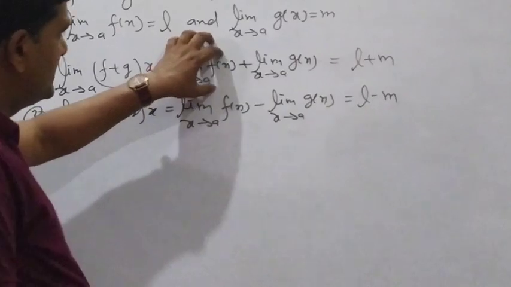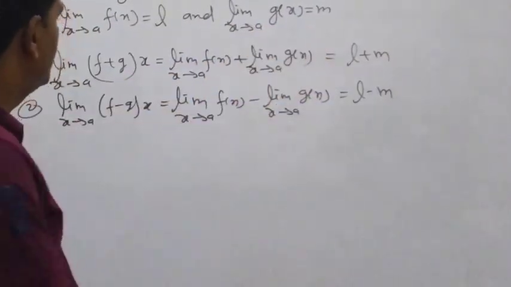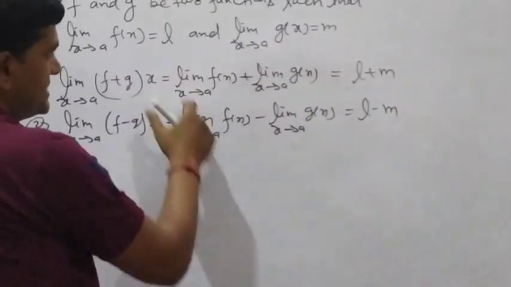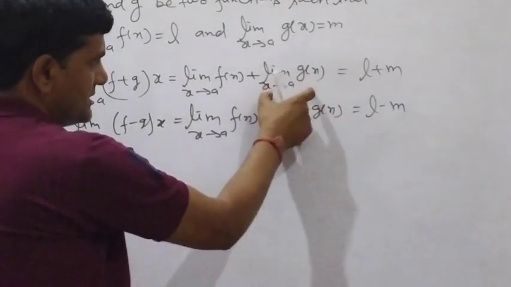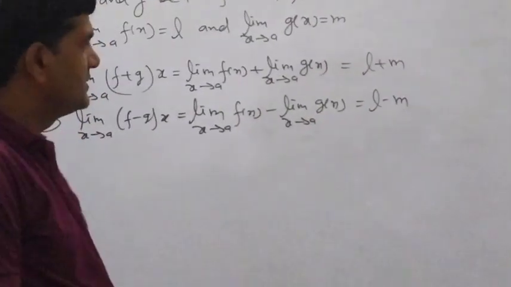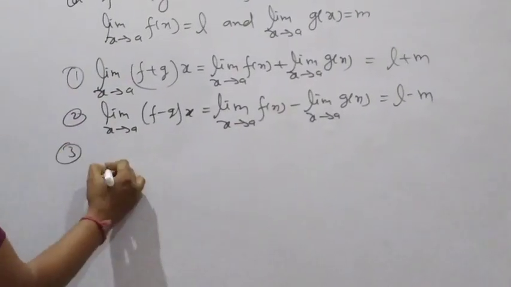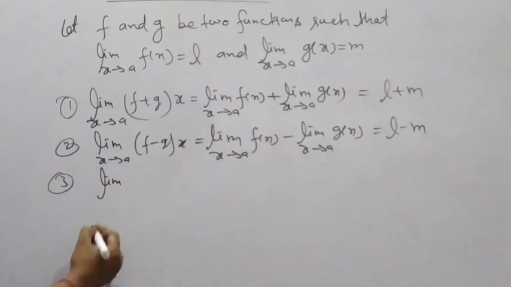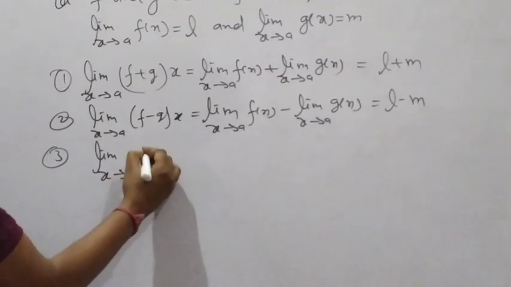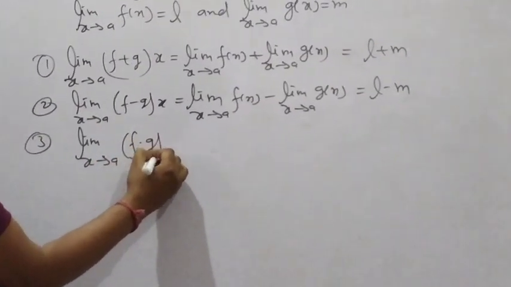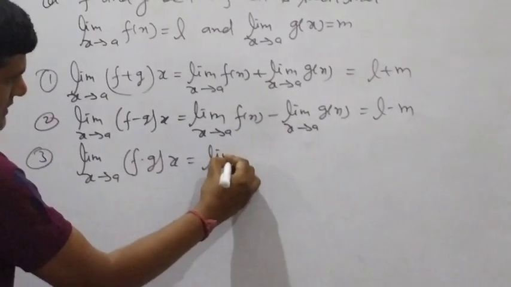Because this value is L and the second is M. Already we have supposed here. In the place of this one we can write L and in the place of this value we can write M. Then L plus M here, L minus M.